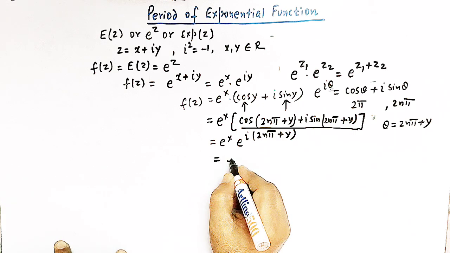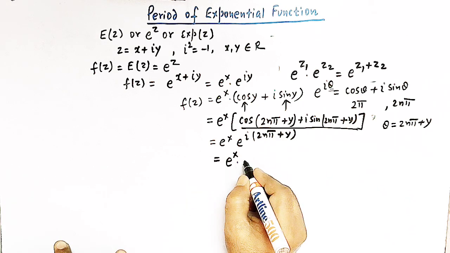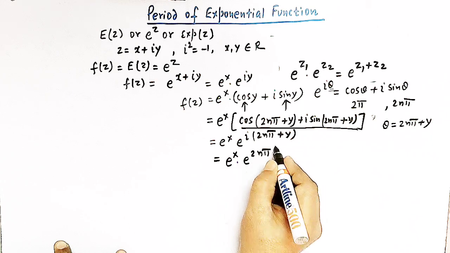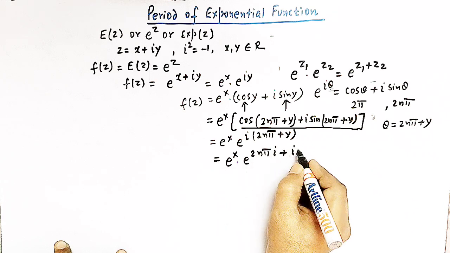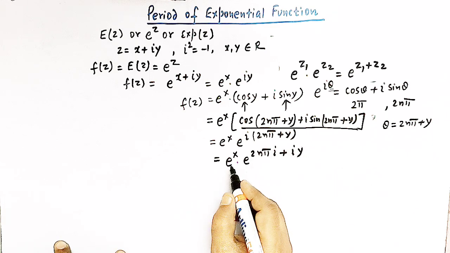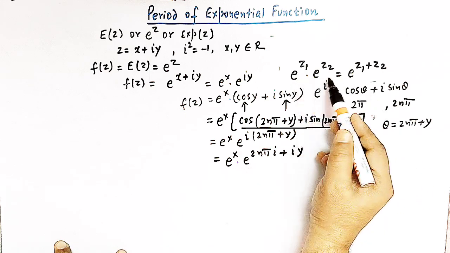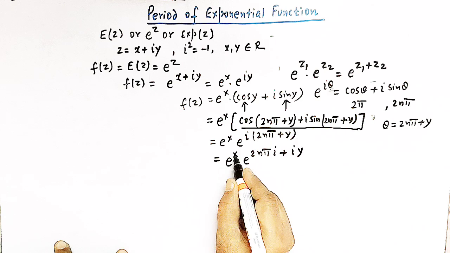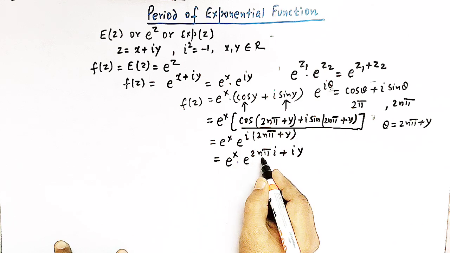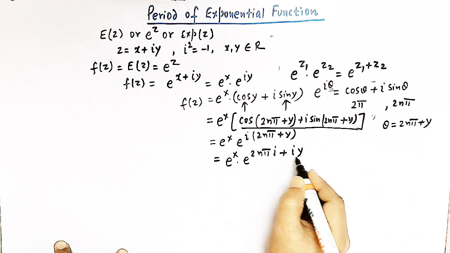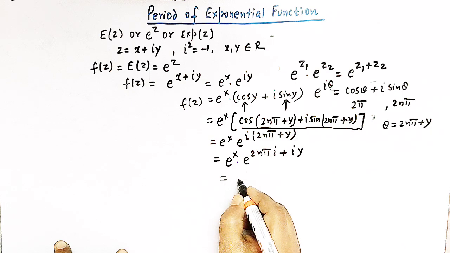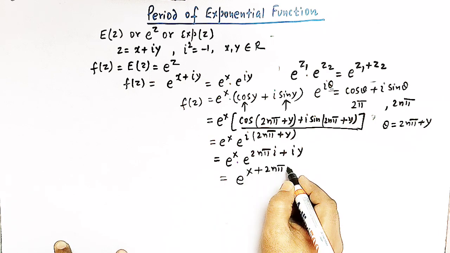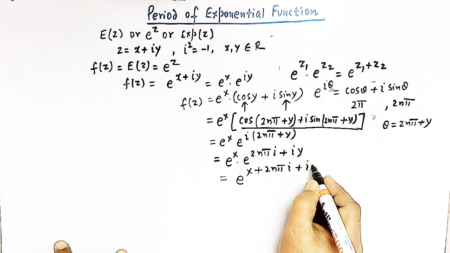So now we can write e raised to x, and here we have e raised to 2n pi i plus i y, right? So now again applying the laws of exponents here, we have e raised to x times e raised to 2n pi i plus iota y. So we have e raised to x plus 2n pi i plus i y.